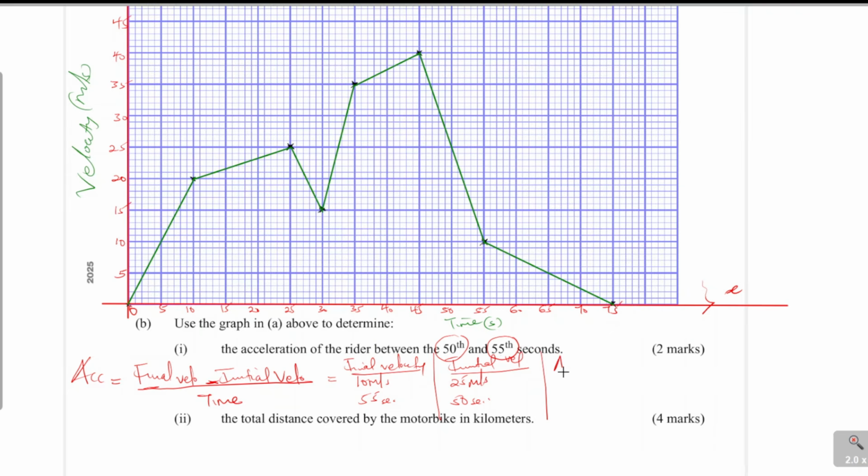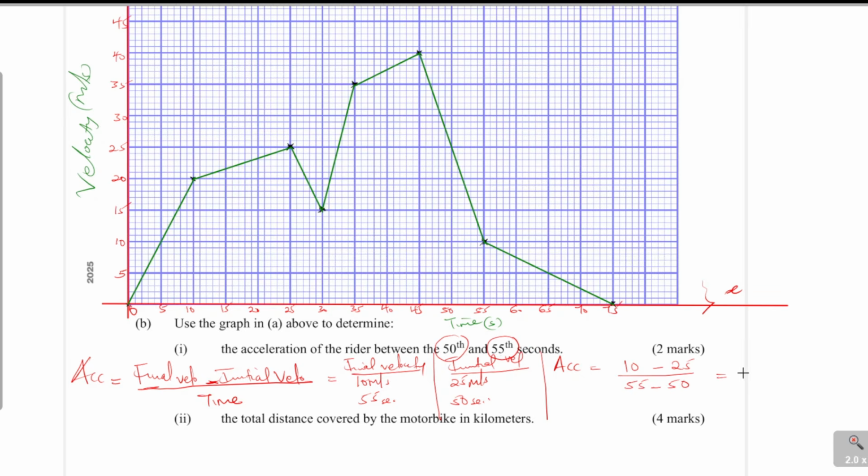So now acceleration will be given by the final velocity, which is 10 meters per second, subtract the initial velocity, which is 25 meters per second, divided by the time taken. Time taken, remember this one is from 55 to 50. 55, that is the final time, minus 50 seconds.